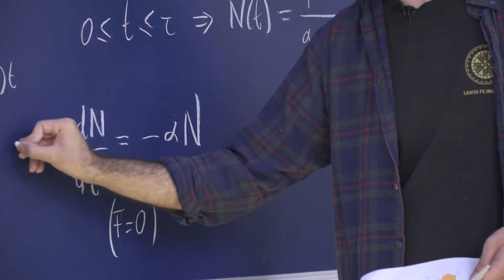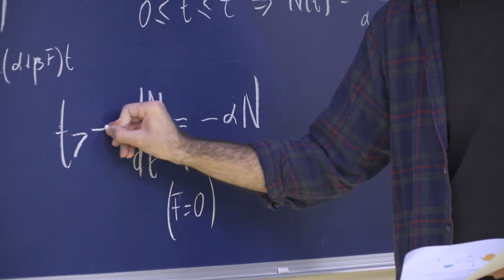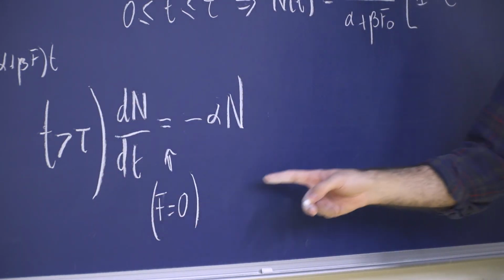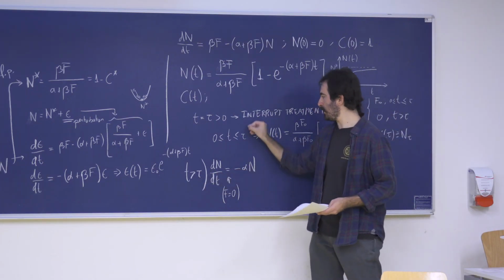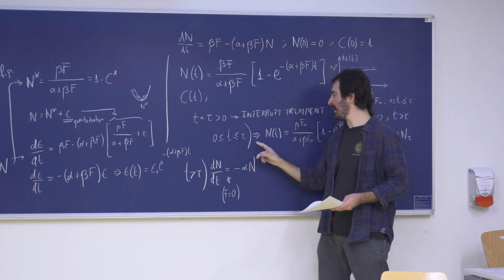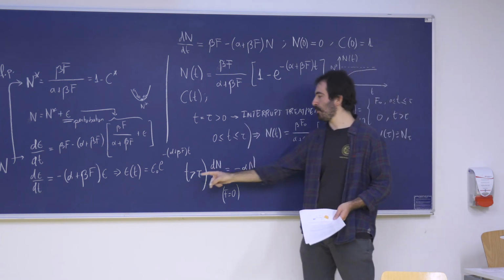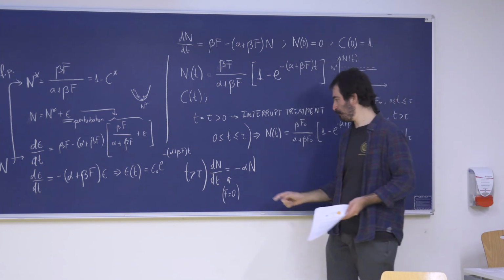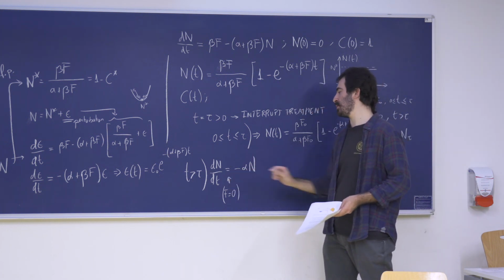And this is the actual equation that we shall get for t larger than tau. So for between 0 and tau, we already had our solution, but now for times larger than tau, this is the equation that we need to work with.